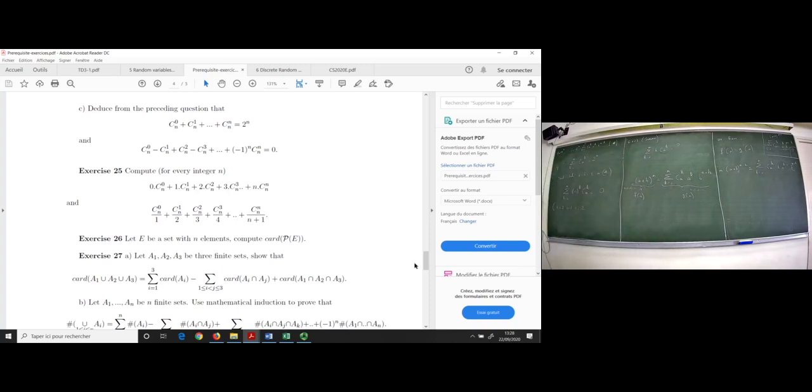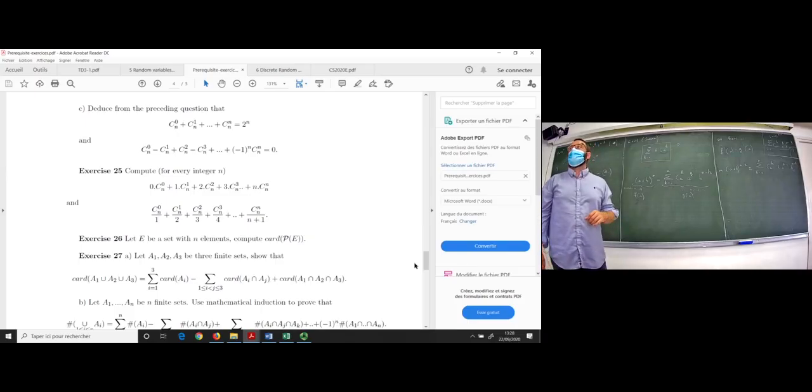And once again, keep in mind what you want to do. What you want to do is to compute this sum here. How to make it appear using my equality? What can I take in the previous equality to make appear the sum of k times c and k?